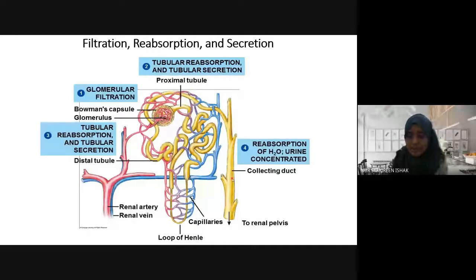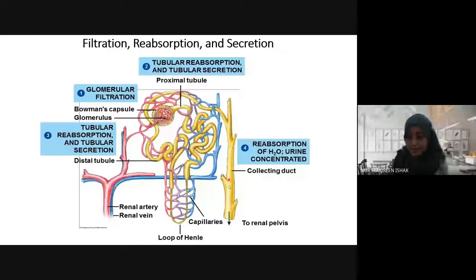We learned about aquaporins earlier in chapter 3 last semester. Aquaporins are protein channels that increase the transportation of water through osmosis. So aquaporins allow water to be reabsorbed from the filtrate back into the interstitial fluid and enter into the blood vessels, back into your blood circulation.